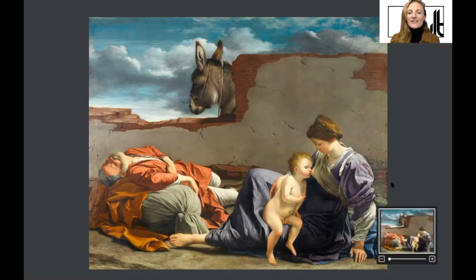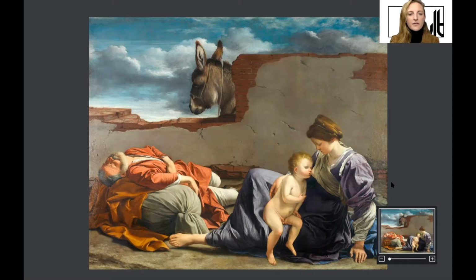So here we're actually looking at a biblical story, which many of you might have guessed from the title of the work, and also just from looking at particularly the Virgin and Child there on the lower right. This is called The Rest on the Flight to Egypt, and it's actually a moment that really isn't covered in the New Testament in great detail.